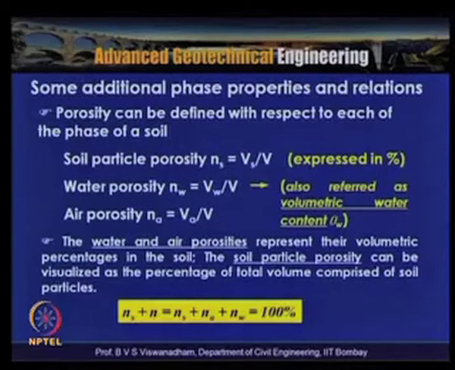So the summation Ns plus n, which is equal to Ns plus Na plus Nw, should be equivalent to 100%. Here Na is the air porosity, Nw is the water porosity, and Ns is the soil particle porosity.